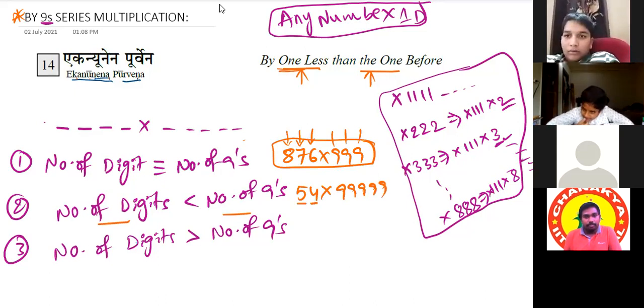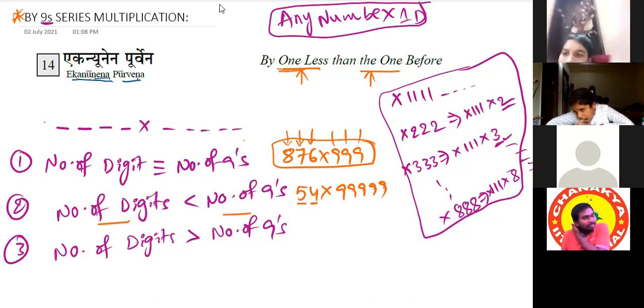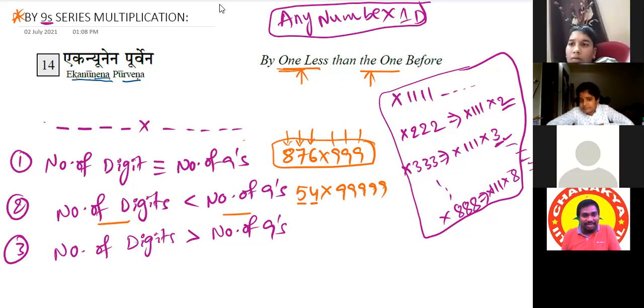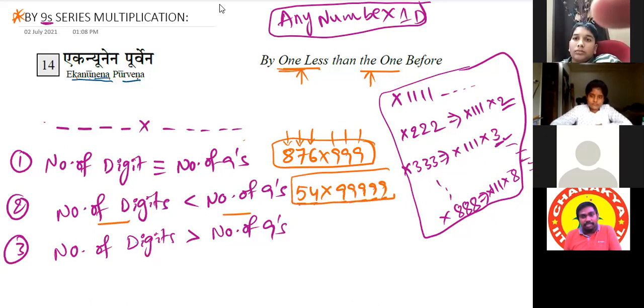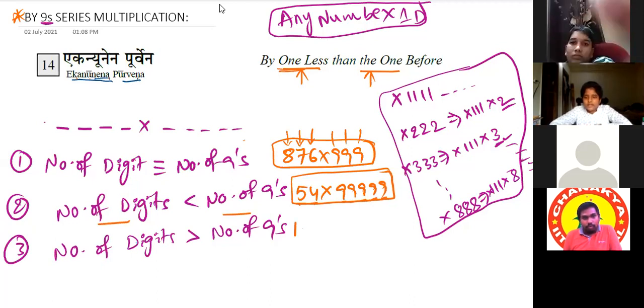Can I tell one for the third case? Yes, you can tell, but don't interrupt me. Here the number of digits is 2 only, but the number of nines is 1, 2, 3, 4, 5. For the third case, 10774 into 999.